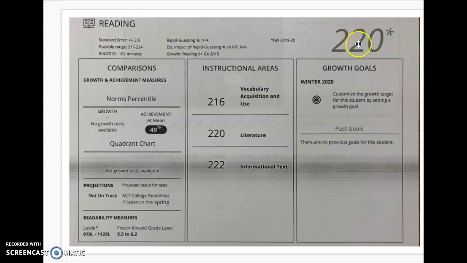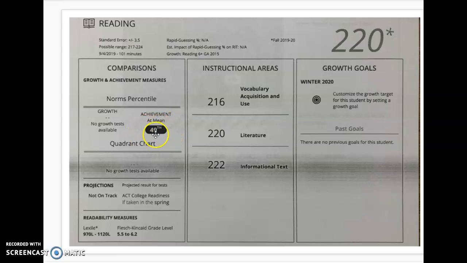So in reading, this student has a 220, and that puts them at the 49th percentile. Remember that 50 is average, so they are right at average compared to other kids who take this test. And these are not just BCCS kids. These are kids nationwide. All right, now here's our projections. Here's what that means.